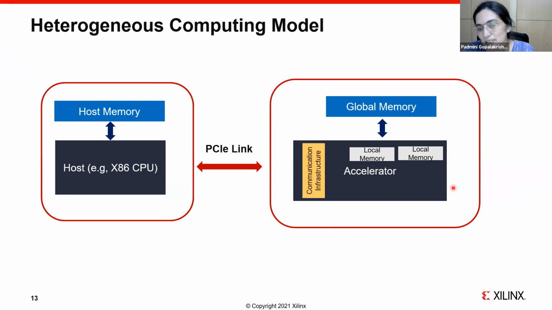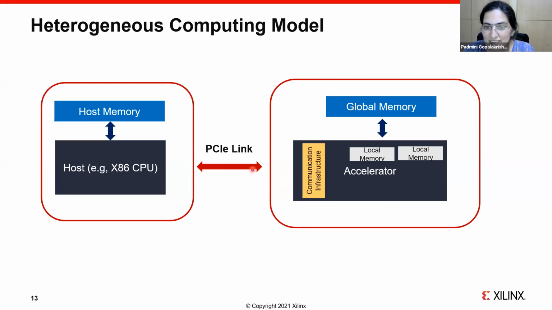If this was a GPU accelerator, the GPU has its own memory hierarchy, right? And every accelerator has to implement some kind of communication infrastructure by which it can communicate with the host. Okay, so a common way of communicating with the host is through PCIe, right?